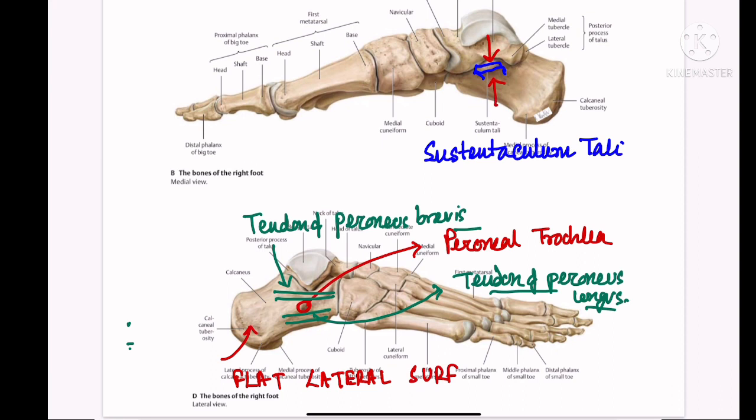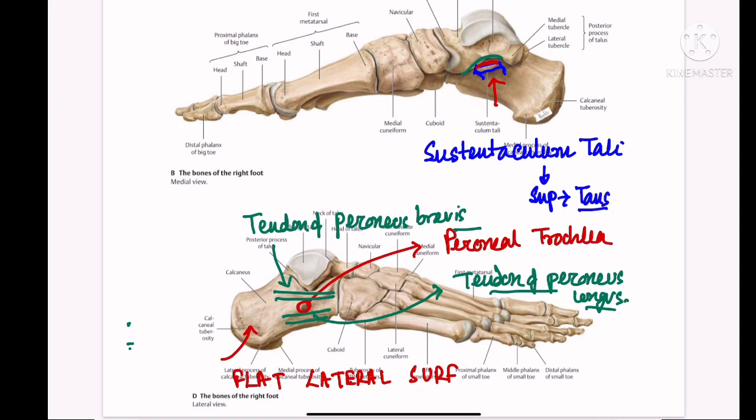The superior surface of sustentaculum tali bears a facet for the talus. That is obvious because overlying it is the talus bone. So the superior surface of the sustentaculum tali bears a facet for talus.